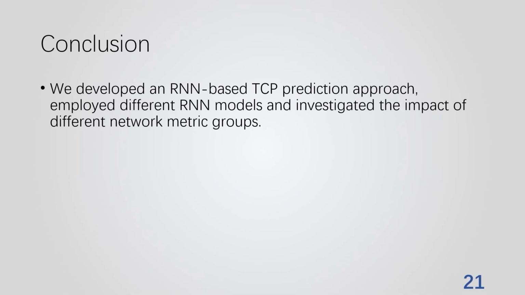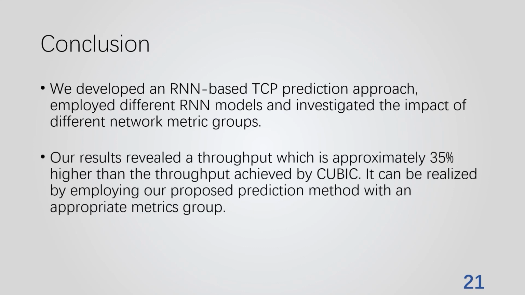Conclusion: we developed a recurrent neural network-based TCP prediction approach, employed different recurrent neural network models, and investigated the impact of different network metrics groups. Our results revealed a throughput approximately 35% higher than the throughput achieved by Cubic.